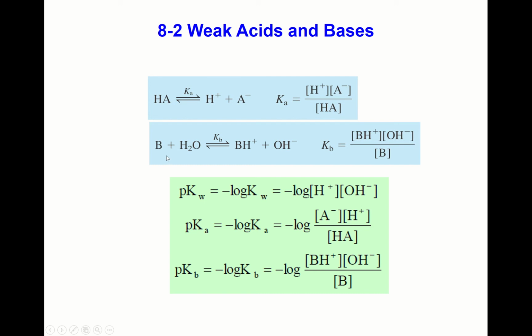The weak base accepts protons from this water, generating hydroxide ion. So the solution becomes basic. So this is the dissociation equation. So Kb equals this ion multiplied by hydroxide and divided by this, the equilibrium constant of a base.